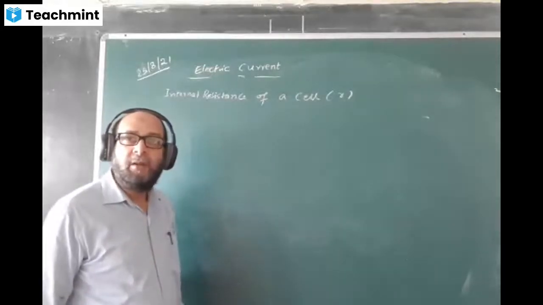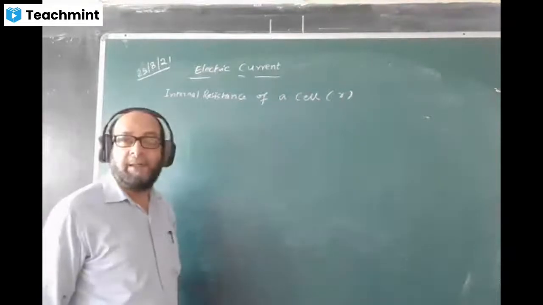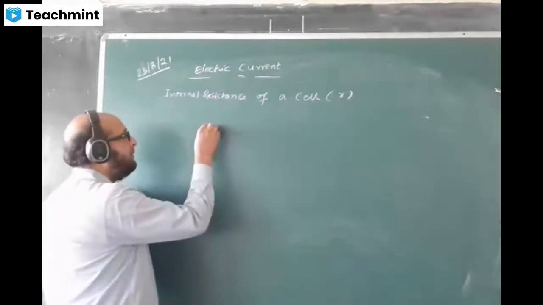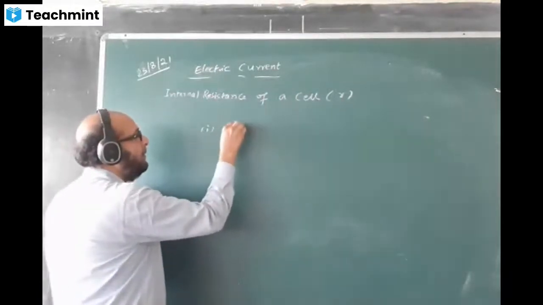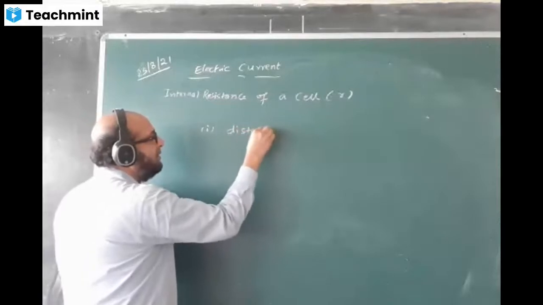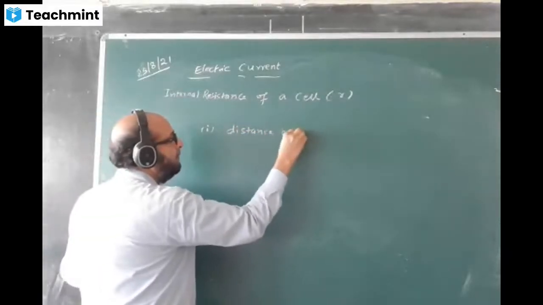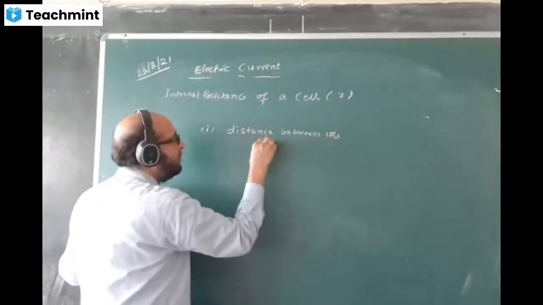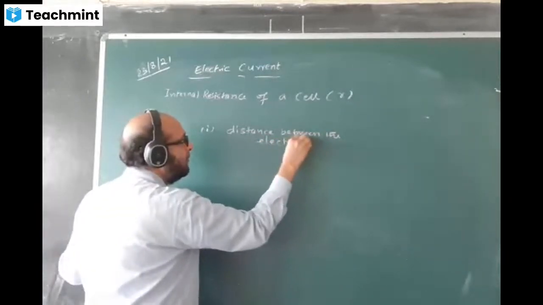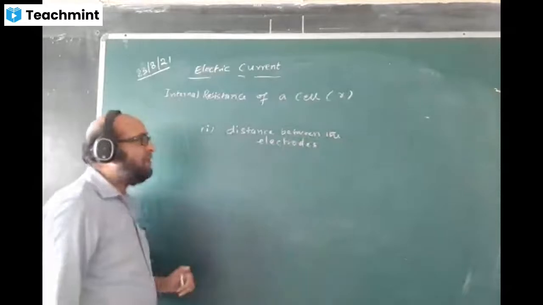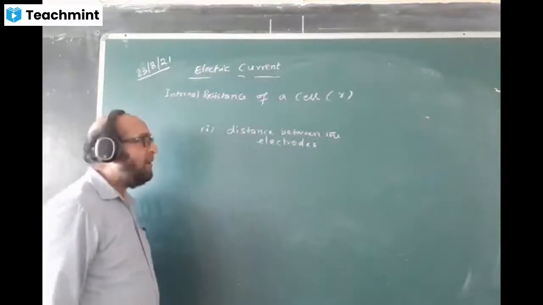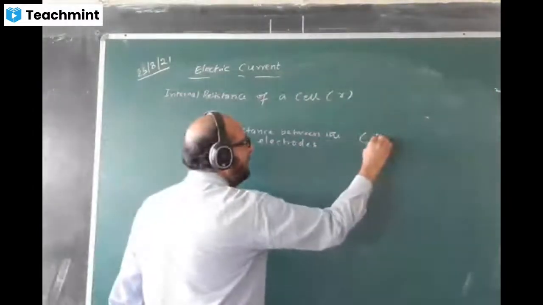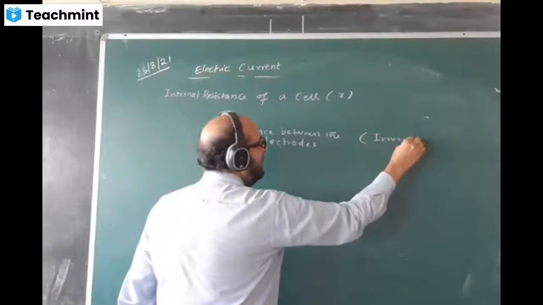Now write down. Internal resistance of a cell depends on, number one, distance between the electrodes, inversely proportional.